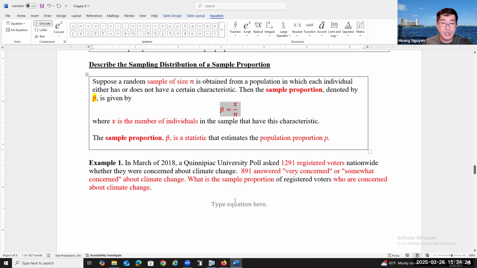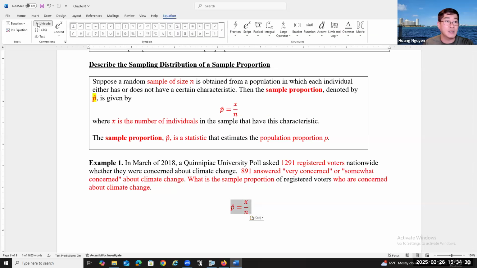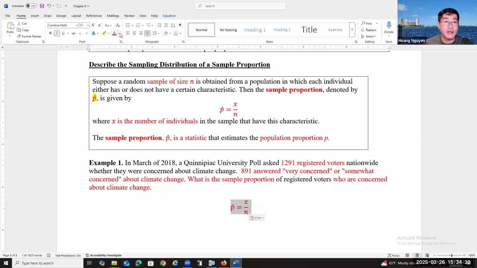The sample proportion p hat is equal to x over n. x is the number of people that have the certain characteristic, in this case, that they are concerned about climate change, over the sample size n, which is how many people we surveyed.